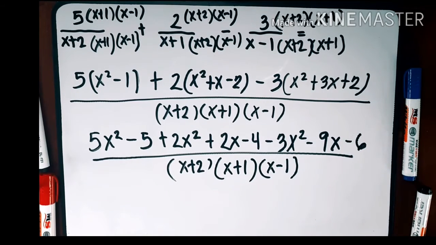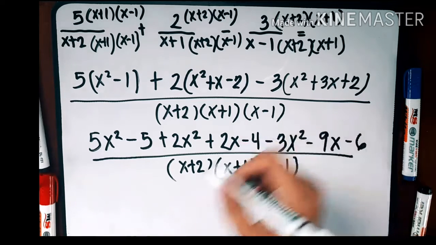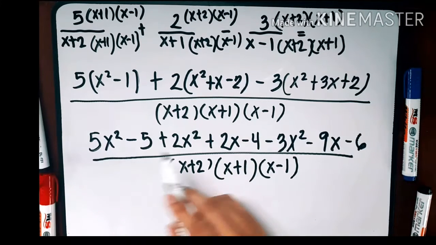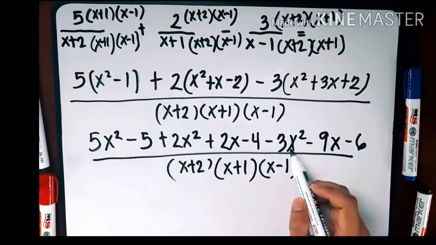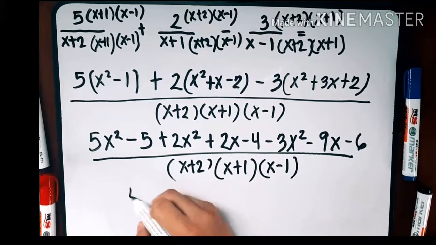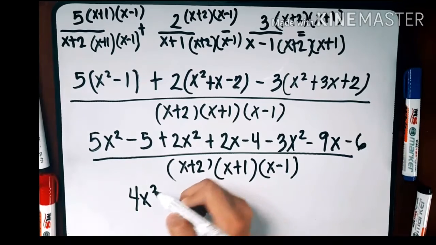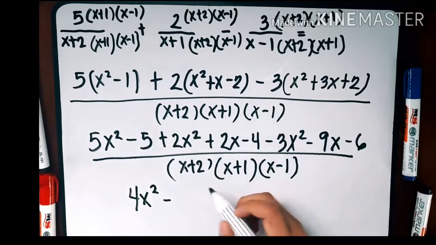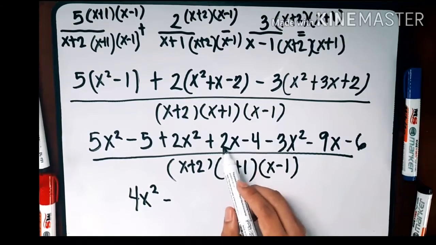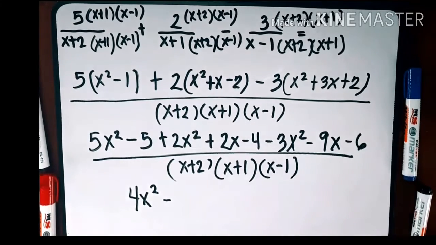Next is combine natin yung like terms. So 5x squared plus 2x squared is 7x squared minus 3x squared is 4x squared. Minus, combine natin yung 2x and 9x.